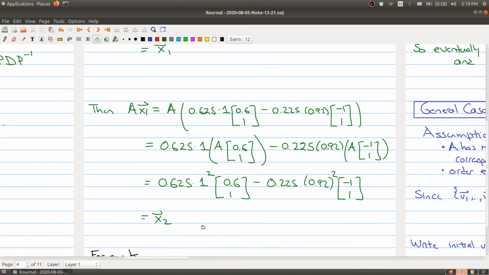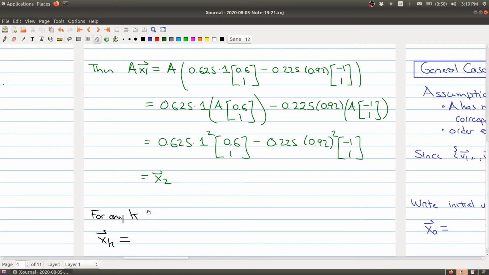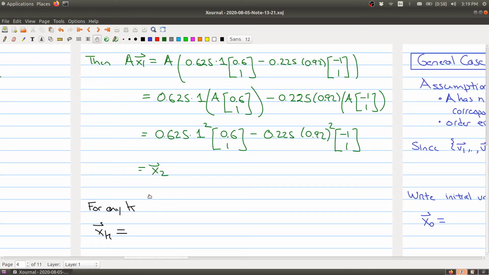Now if you wanted to find x3, you would repeat the process. You would keep the same form, but each time you're just increasing the exponent corresponding to the eigenvalue. So for any k in our situation, what we end up with is 0.625 times 1 to the k times (0.6, 1) minus 0.25 times 0.92 to the power of k times (-1, 1).